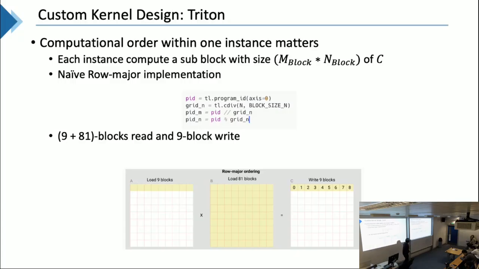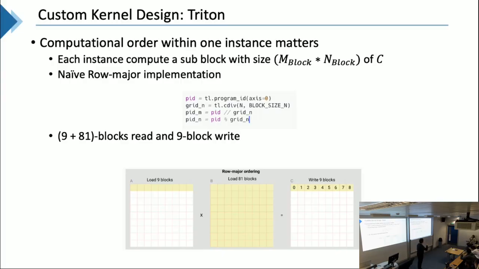There's one more thing. It doesn't matter if you don't understand it now, but I will introduce more in our tutorial. When we get this PIDM and PIDN, how we do this mapping is very important. For example, if you use these two lines of code to do the mapping, basically the computational order will be like this.